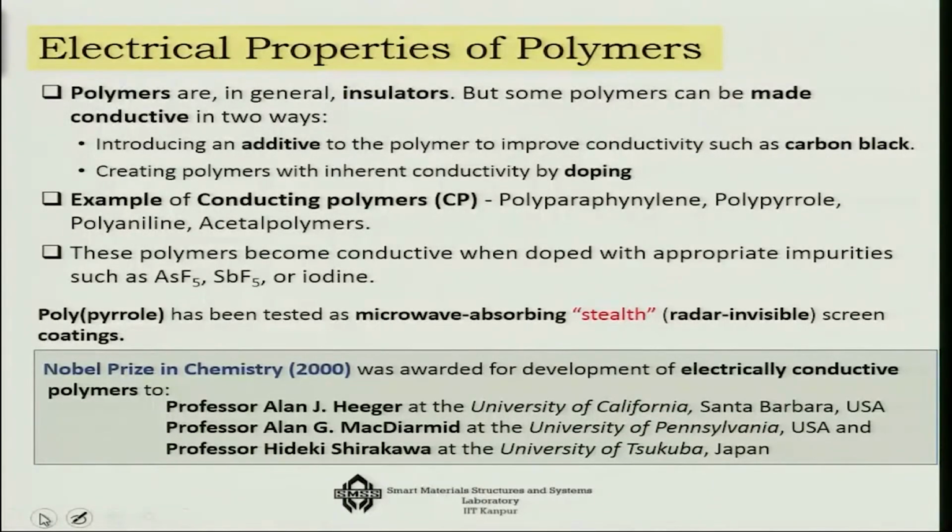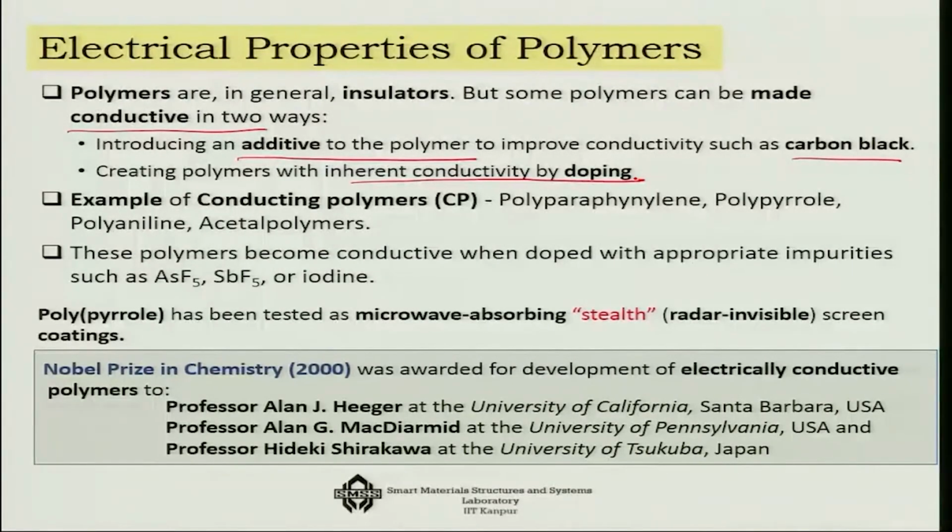Now, in terms of polymers, polymers are in general insulators. They are much better insulators than ceramics, but some polymers can be made conductive in two ways. One is introducing an additive to the polymer to improve conductivity, such as carbon black, graphite pellets, or even silver flakes. The other is creating polymers with inherent conductivity by doping.